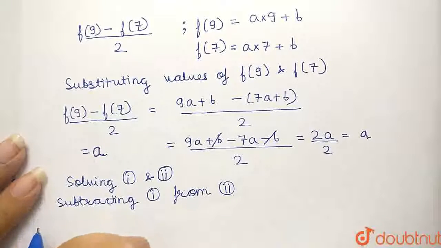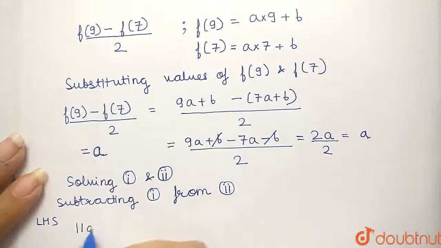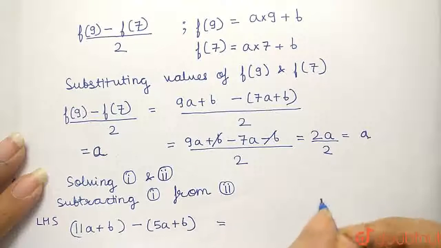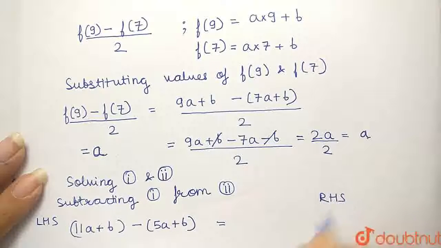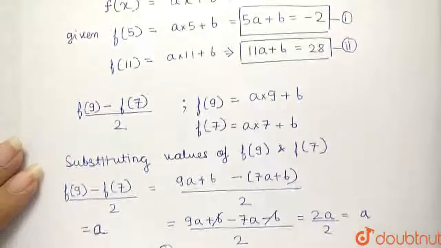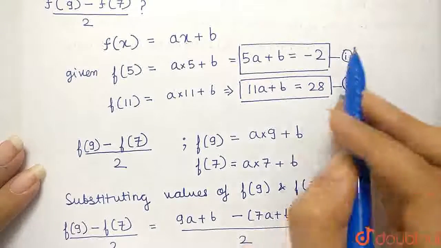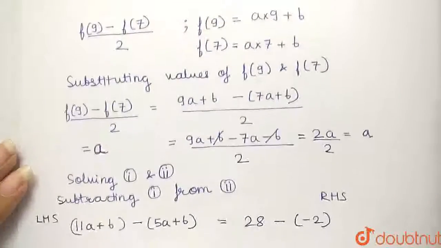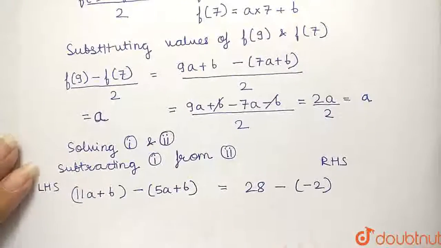So on subtracting, on the left hand side we would be getting 11a plus b minus (5a plus b), which equals, on the right hand side, 28 minus (-2), as we are subtracting equation 1 from equation 2. So we do the calculation further.